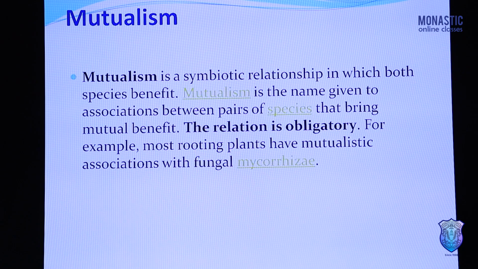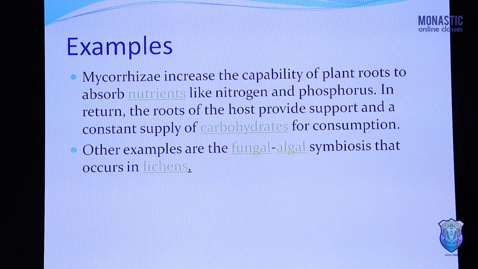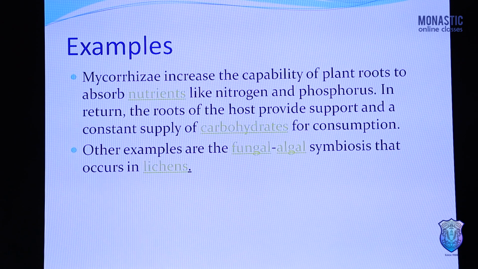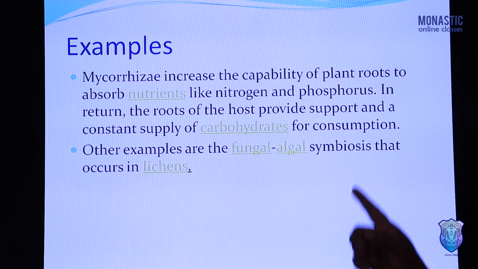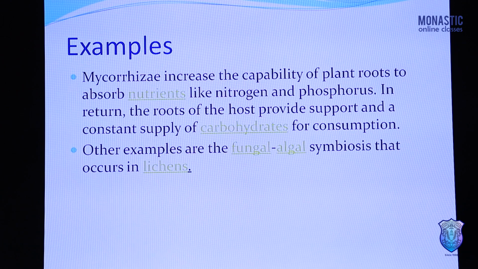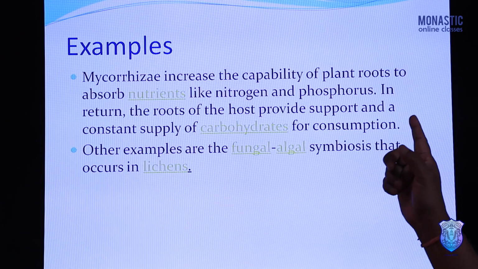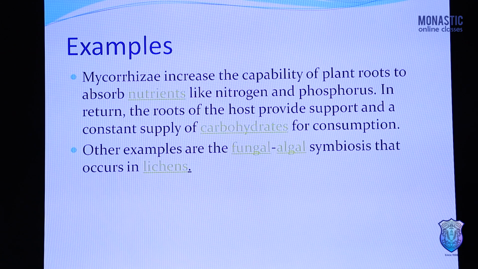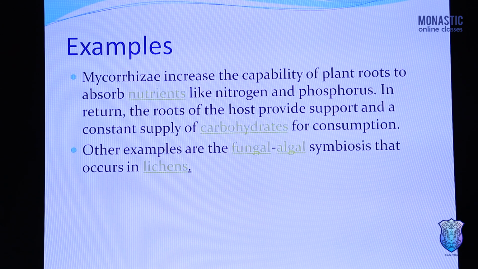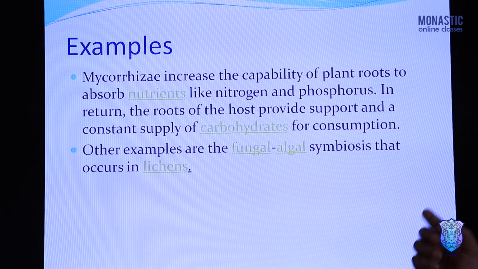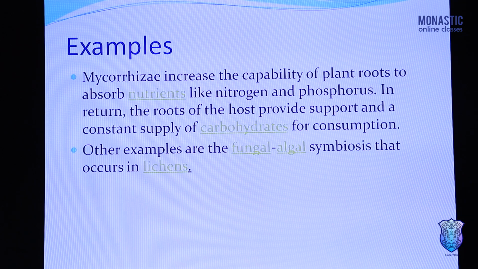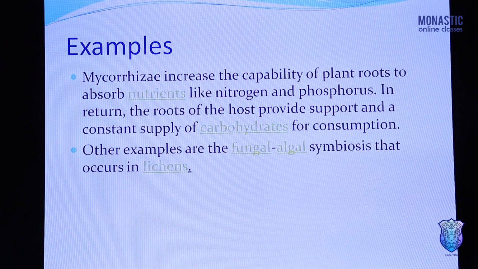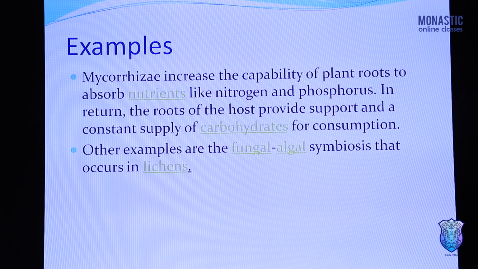This type of relationship is known as mutualism. Mycorrhiza increases the capability of plant roots to absorb nutrients like nitrogen, and in some cases it also provides plant growth hormones, and in return the roots of the host provide support and a constant supply of carbohydrate, meaning food.